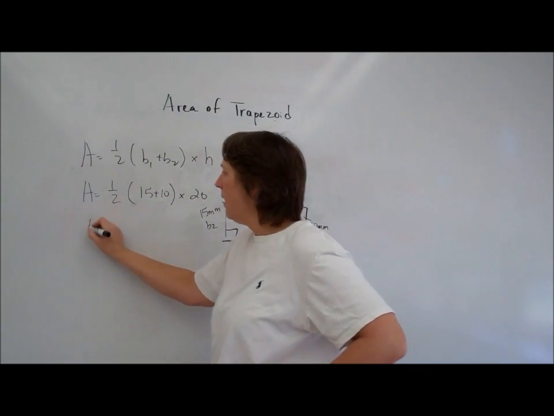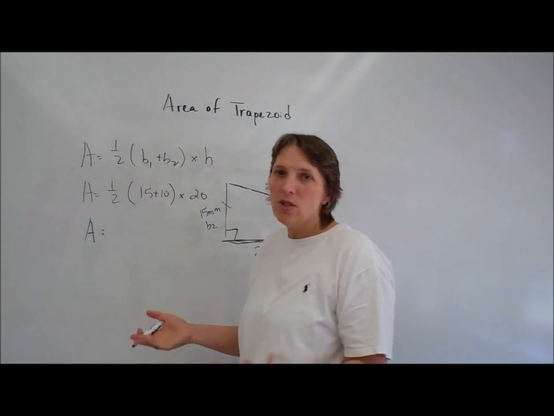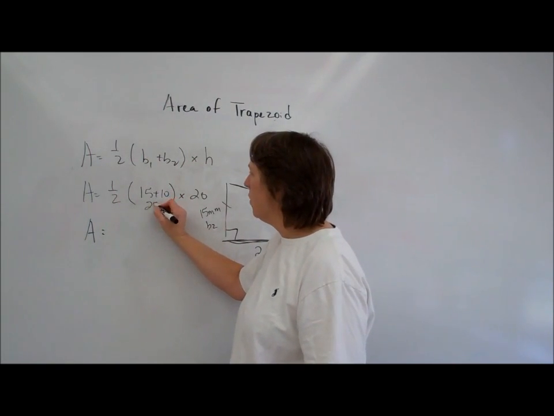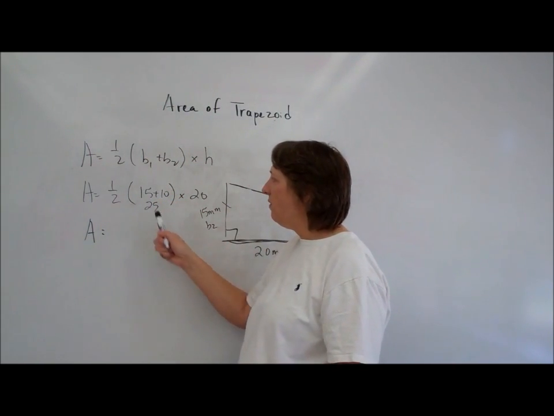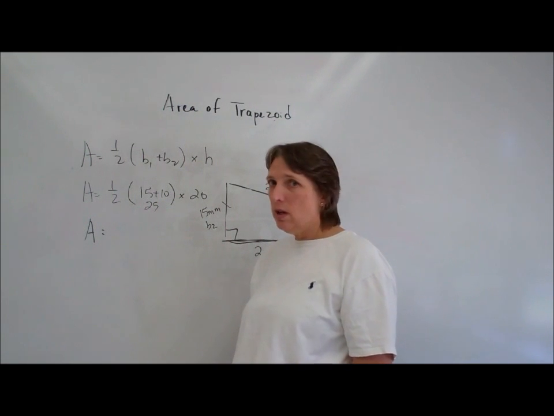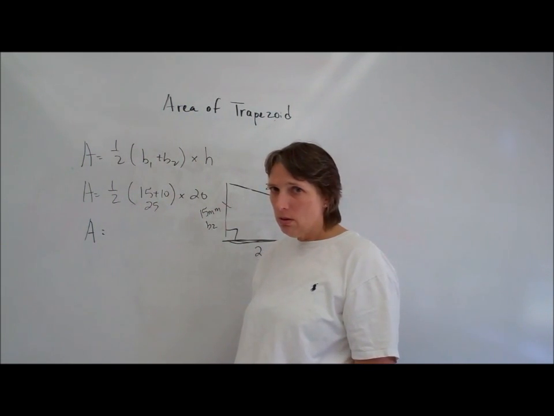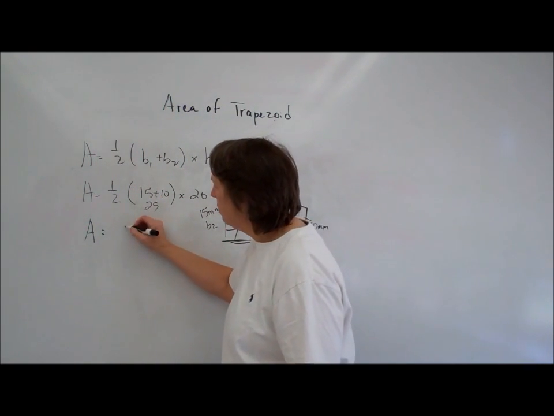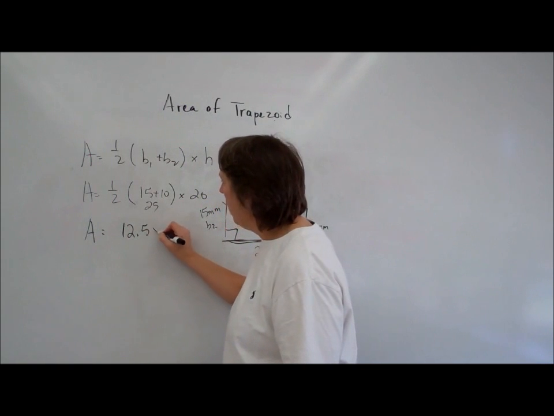So now I bring it down, I have to show my work. Now you can do a bunch of different things to show it here. You can go, oh, 15 plus 10 is 25. And then half of 25 is what? 12.5. Okay? So you'd say 12.5 times 20.